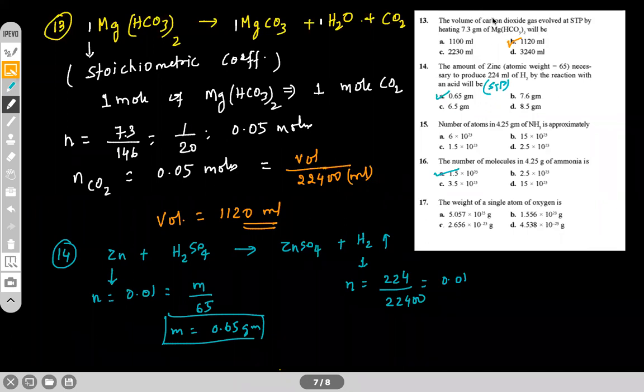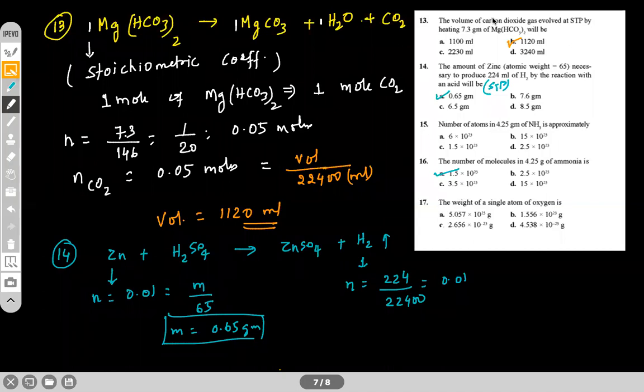Sir, for the 15th one, isn't Avogadro's number the same for the number of atoms and the number of molecules? No. If the molecule is monoatomic, then we can say that. If the molecule has more than one atom, take NH3 as an example.